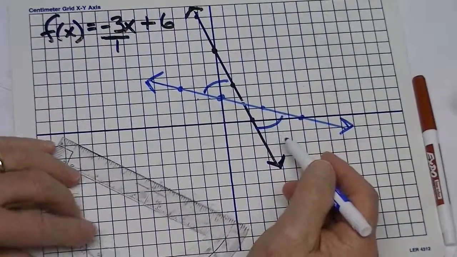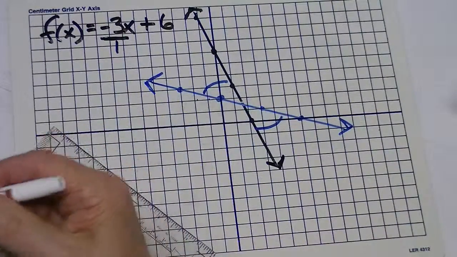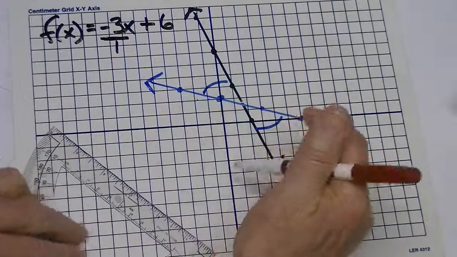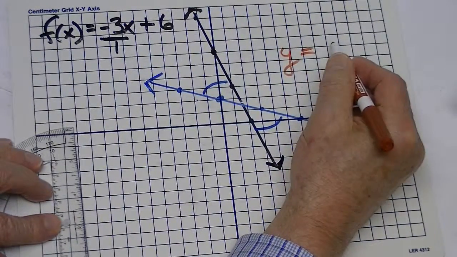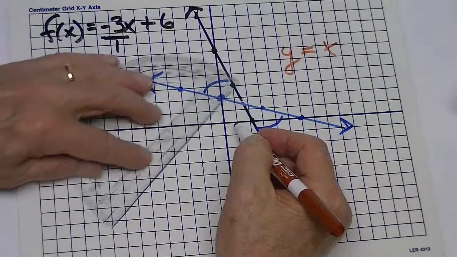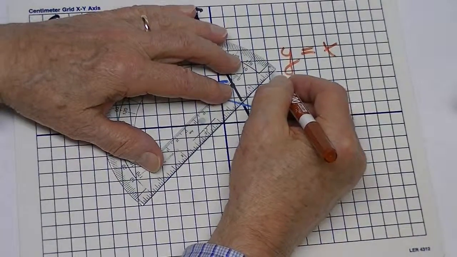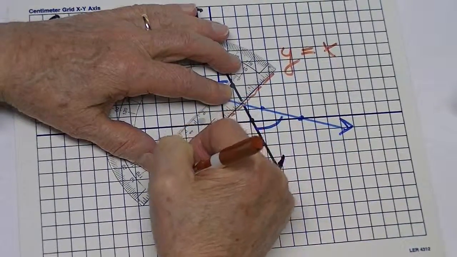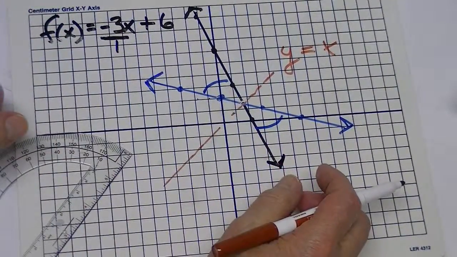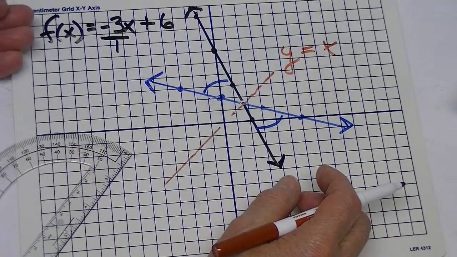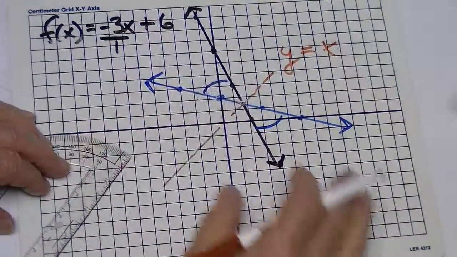And if I were to fold this along my axis of symmetry, which has the equation y equals x, which is right here, we see we have symmetry between the original function and its inverse. And this is the graph of it.